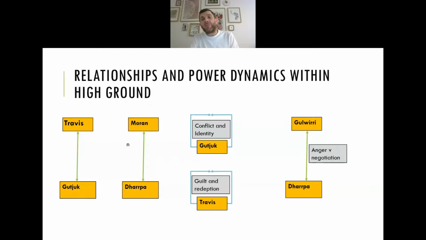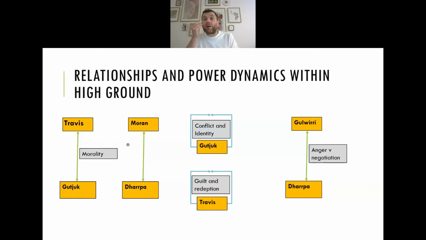Lastly, Gilweri and Darpa. Primarily, when we're looking at Gilweri and Darpa, we're looking at how their opposing ideals, their anger and negotiation function to cause conflict, and how they motivate and draw inner conflict within Gutjuk.